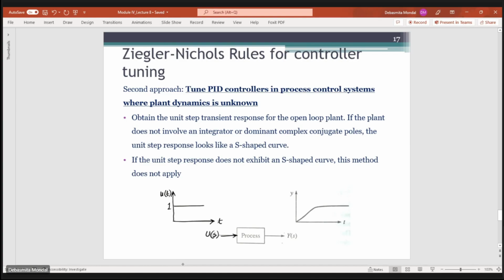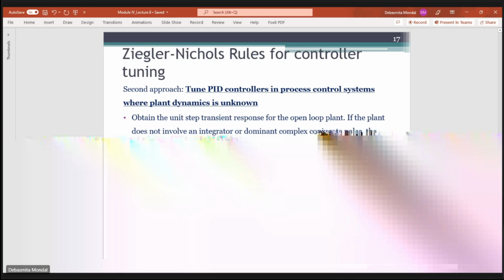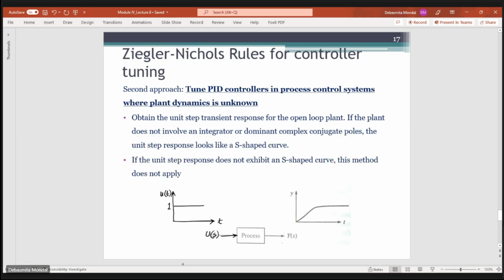In case the plant does not involve any integrator or any dominant complex conjugate poles, the unit step response generally looks like an S-shaped curve. If the unit step transient response of the open loop system has an S-shaped curve, then we can use the Ziegler-Nichols recommended settings in order to tune the controller.